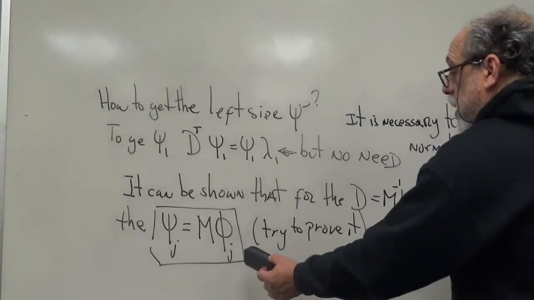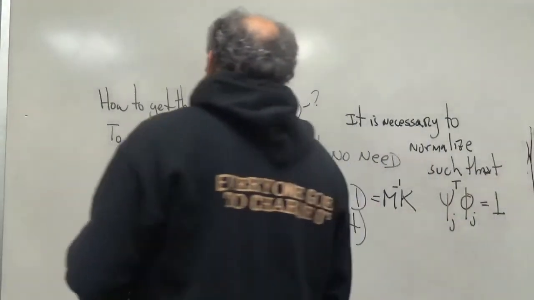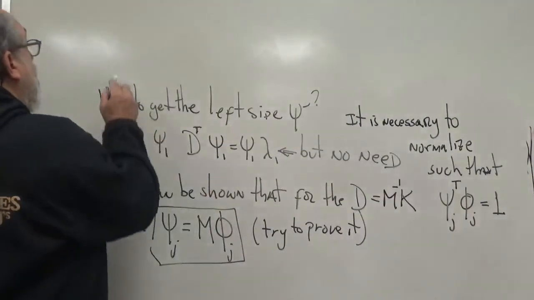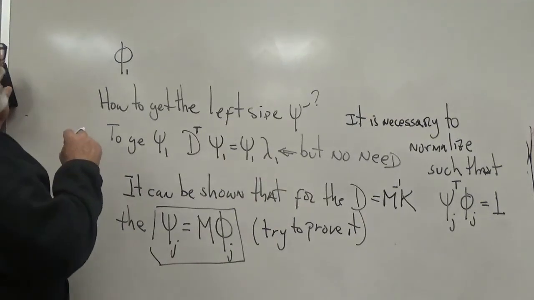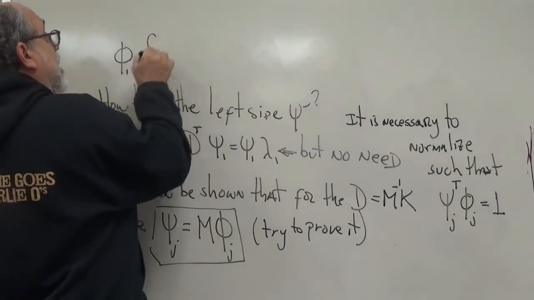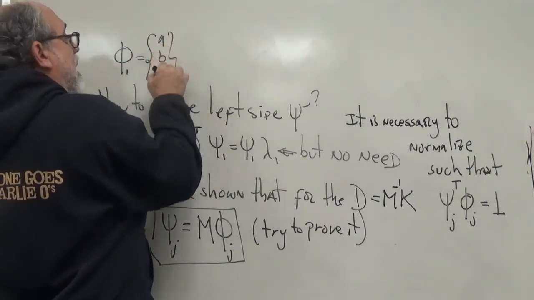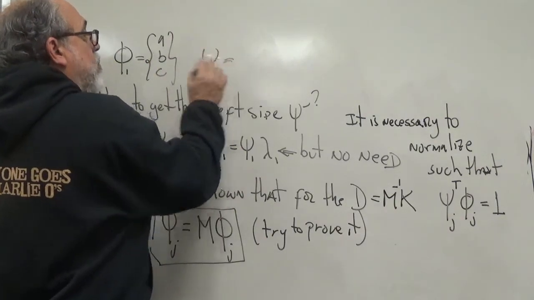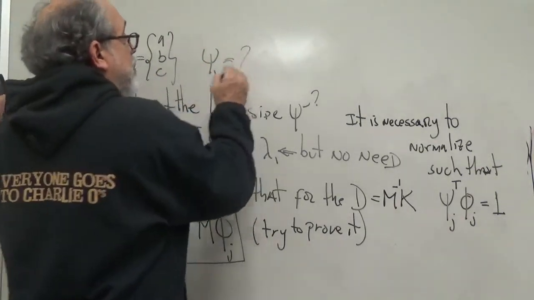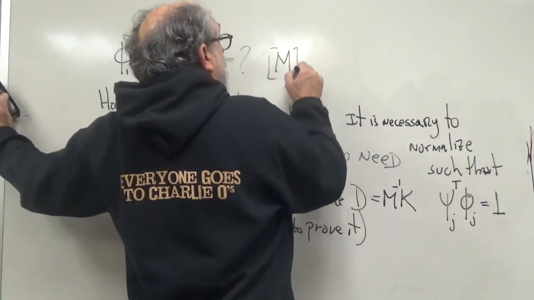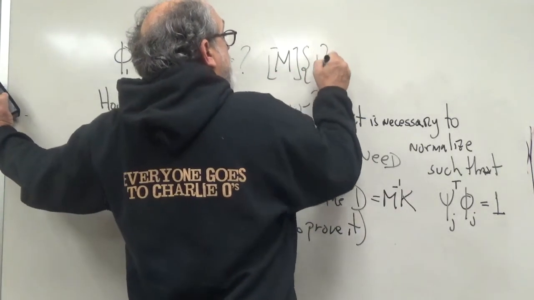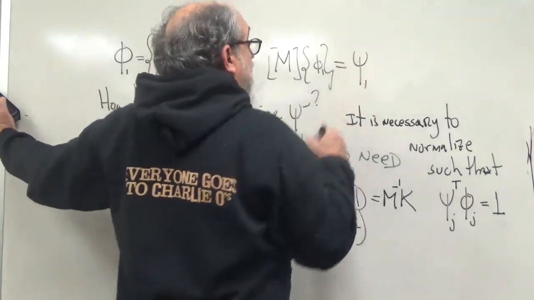That is, imagine that you have just calculated your phi 1, and it was A B C. And now you want to calculate your left side phi 1. So what do you do? Well, you take your mass matrix, you multiply it times your phi 1, and you get your first shot at the left phi 1, right?